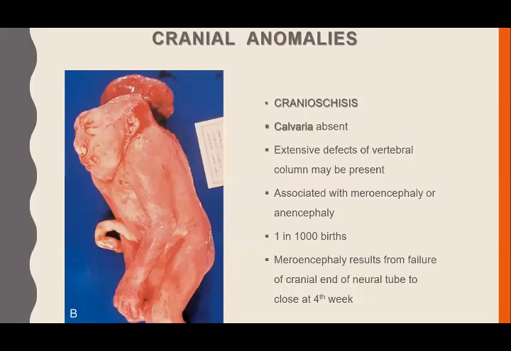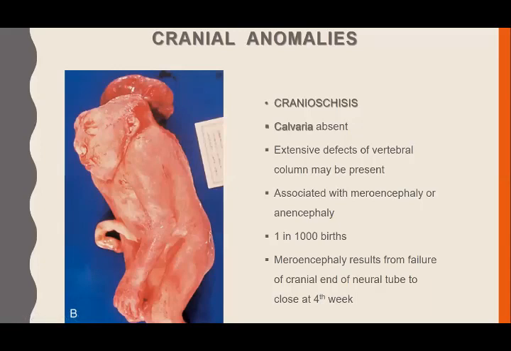अच्छा जी, since there is no question, let's start off with the anomalies of the cranium, anomalies of the skull. एक इसमें है anomaly which is called cranioschisis. That means the skull has not developed.